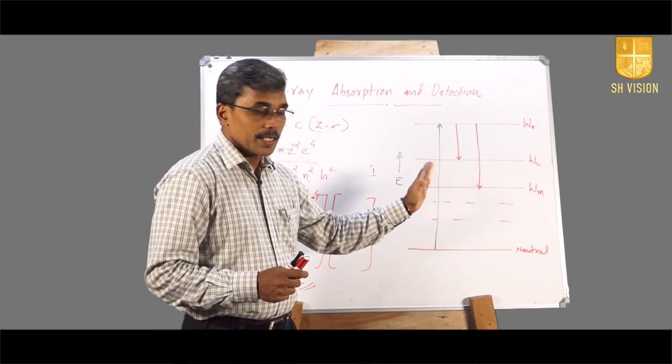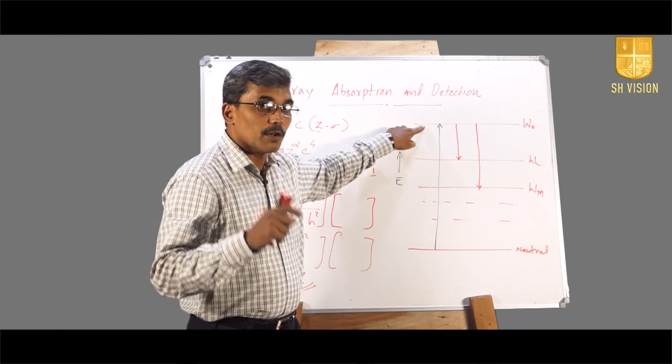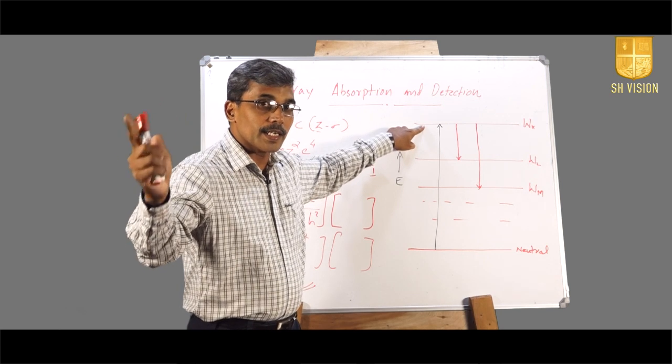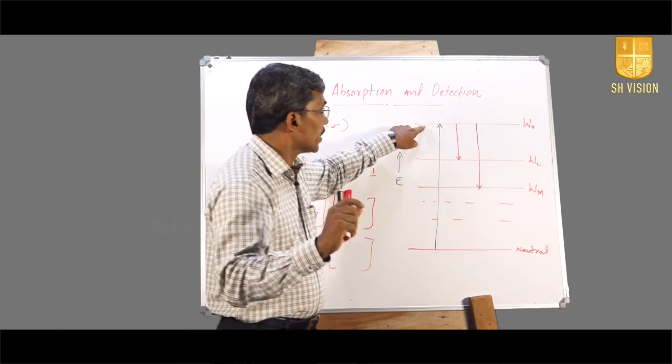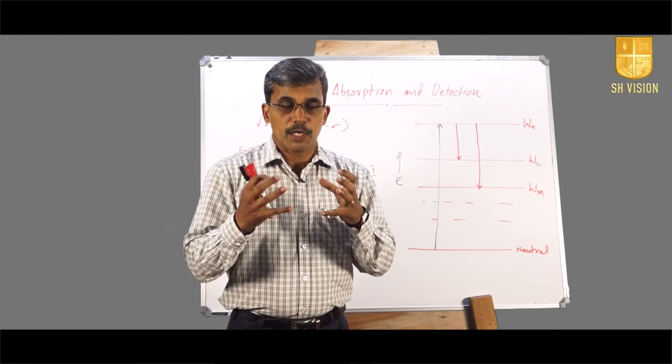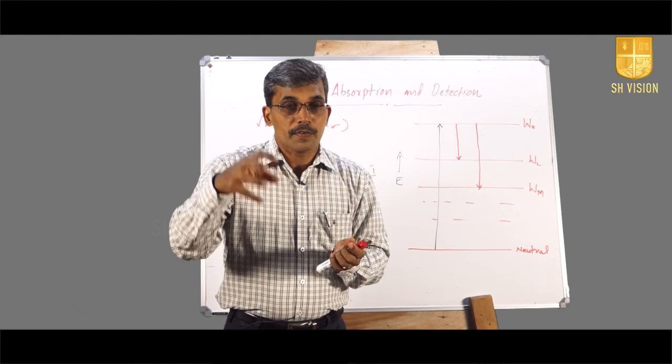So from that, if you know the Wk value of that filter material, then you will understand that if an X-ray photon having energy hc by lambda k falls, then it will be fully absorbed. So you are going to filter out.